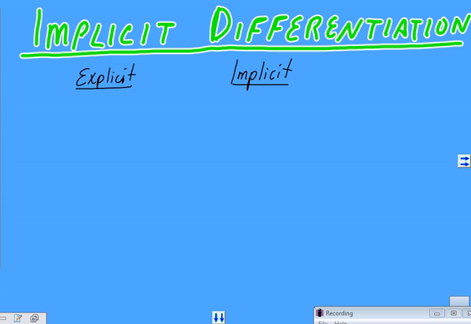The key to implicit differentiation is actually understanding the difference between explicit differentiation and implicit differentiation. Yes, it's vocab time. I don't think you've had these words on your vocab for Mrs. Hecht, but if you haven't, maybe you will. I'm sure you all have seen the word explicit before.